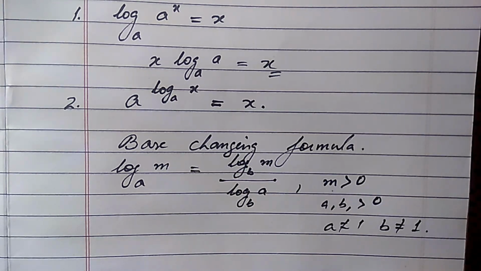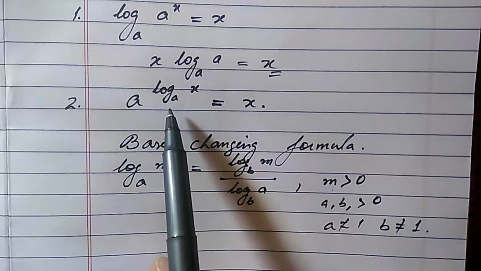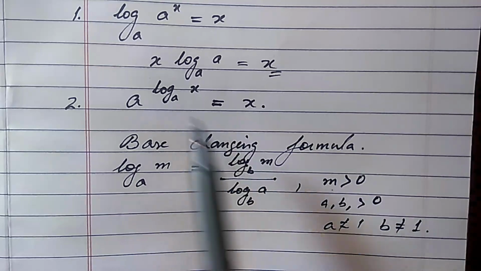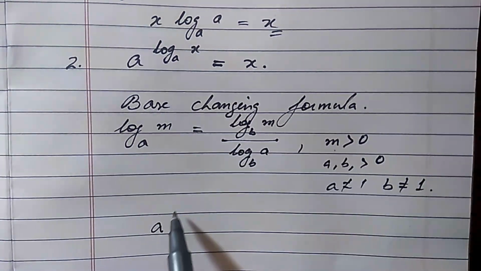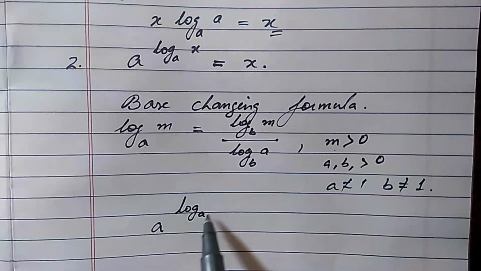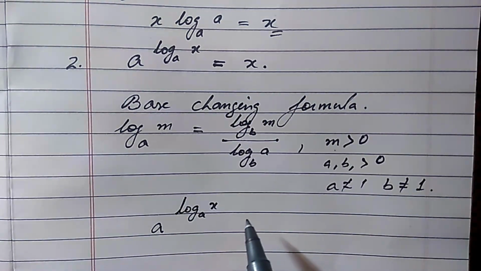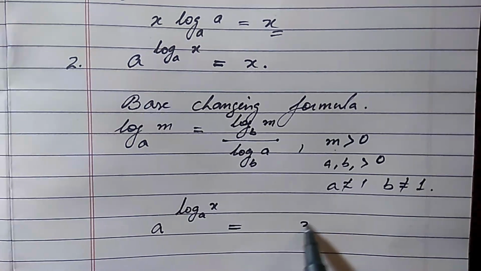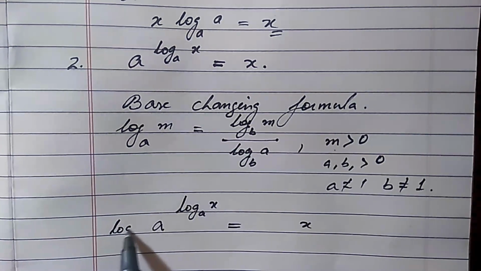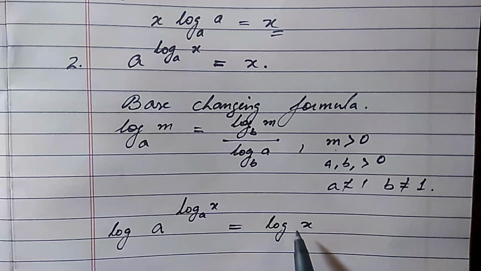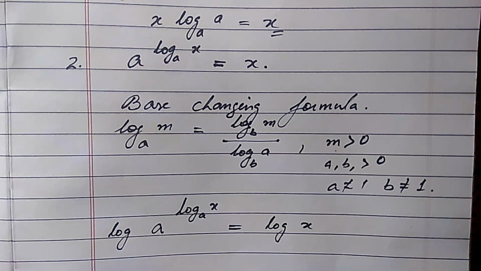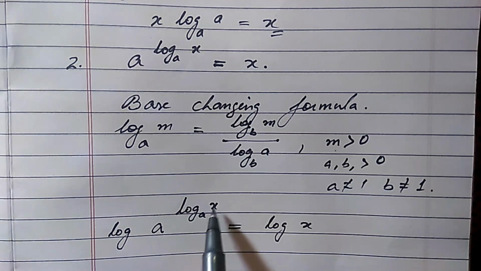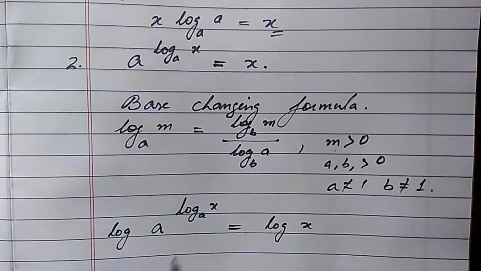Okay. Now how does this help us to prove the second deduction? So let's look at it. You have a to the power log of x with base a is equal to x. If I take log on either side, so I'm only writing log, that means the base is 10. Now in the left hand side, can I bring it in front because this is in power?